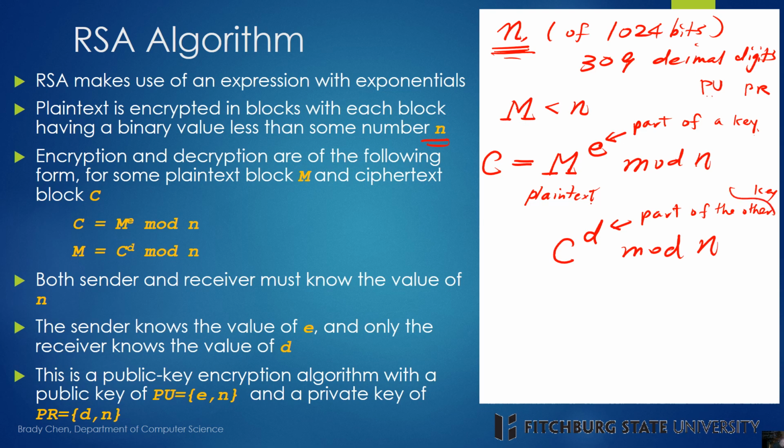If E is part of one key, say the public key, then D should be part of the private key. So E and D are related, and the result should be the plain text. We should be able to restore the plain text. That's the encryption and decryption.